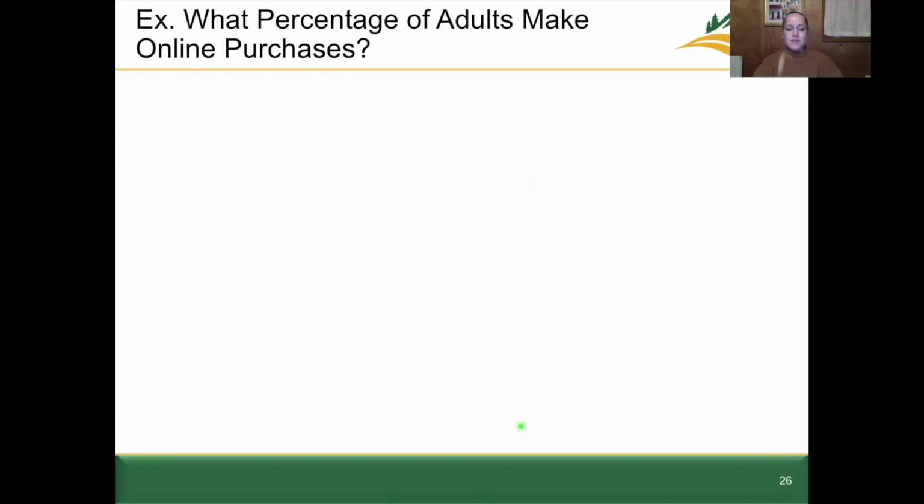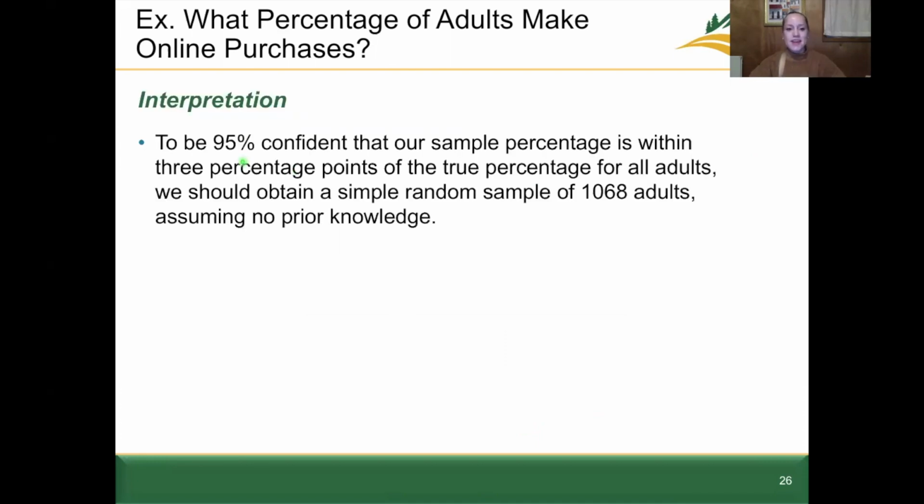Now let's more specifically talk about this interpretation and make some connections when we have an estimate of p-hat and when we don't. So here, to be 95% confident that our sample percentage is within 3 percentage points of the true percentage of all adults, we should obtain a simple random sample of 1068 adults. Remember, we got this value using part B. This was assuming no prior knowledge.